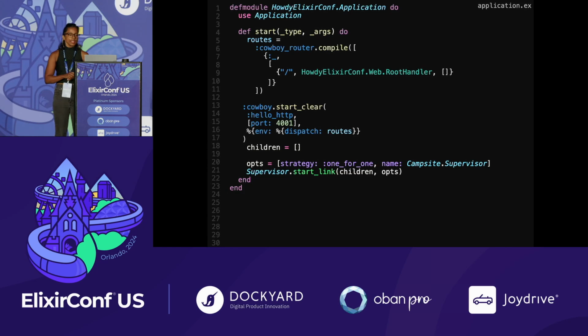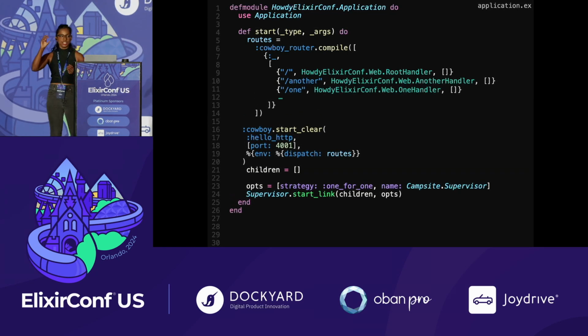Another way in which plugs are really nice is that, if you remember from earlier, and you don't have to remember because I'm showing you code right now, you have this handler, and you pass in a path and say, here's a handler. But for each path, you have to define a handler, and sure, you can extrapolate that into a helper function and do various things.